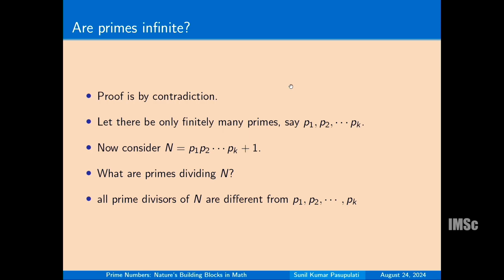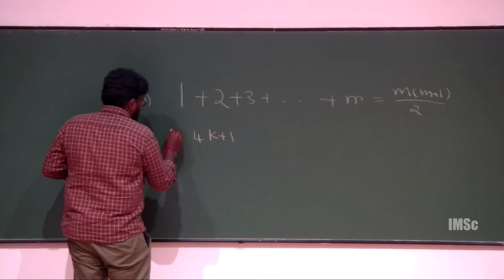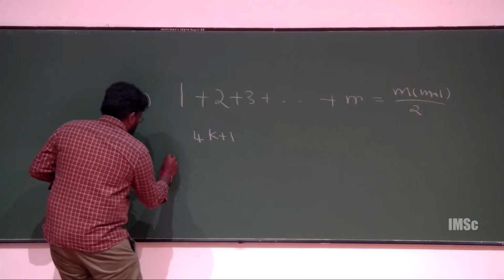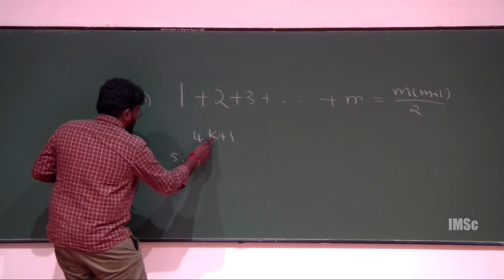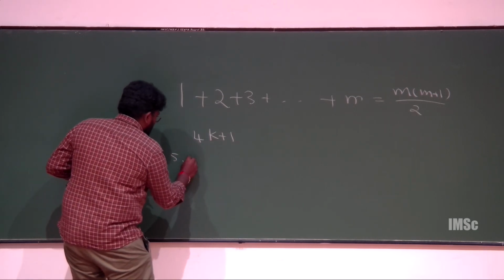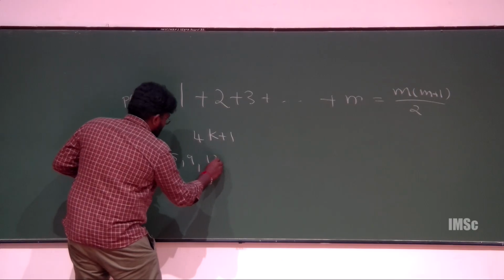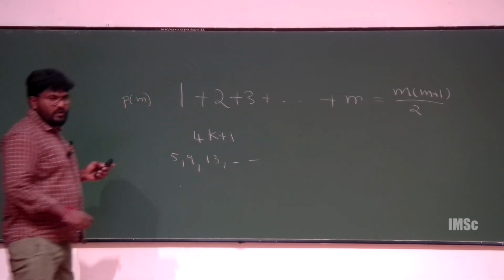This is fine if I take all natural numbers, but suppose I take a particular kind of natural numbers, say 4k plus 1, like 5, 9, 13, this kind of arithmetic progression.